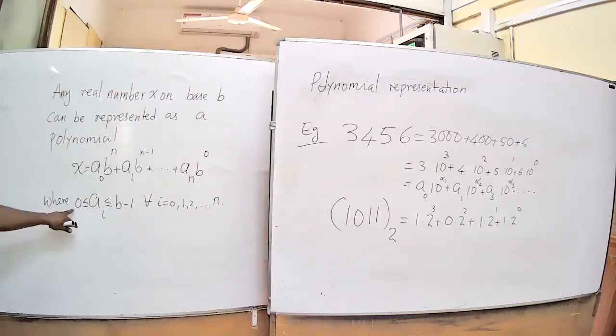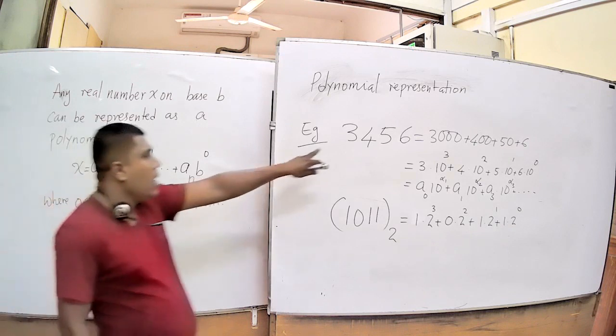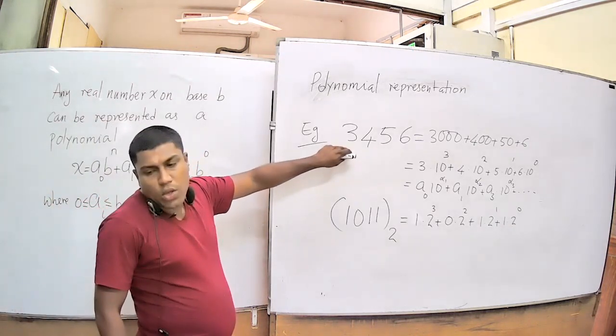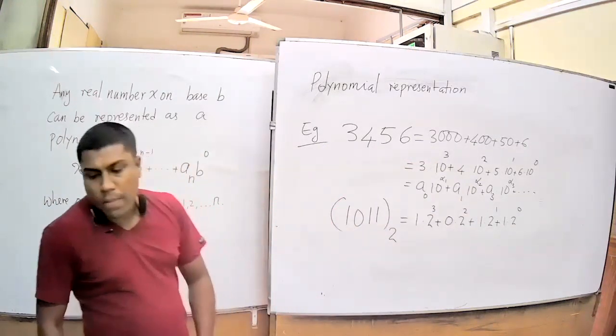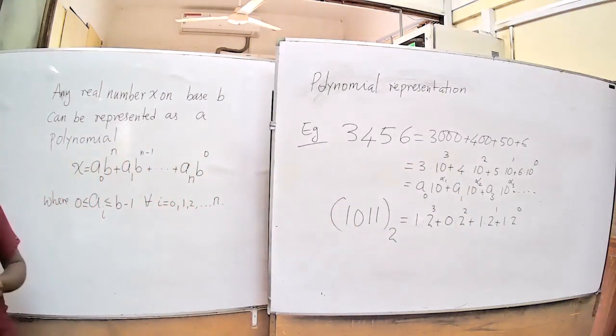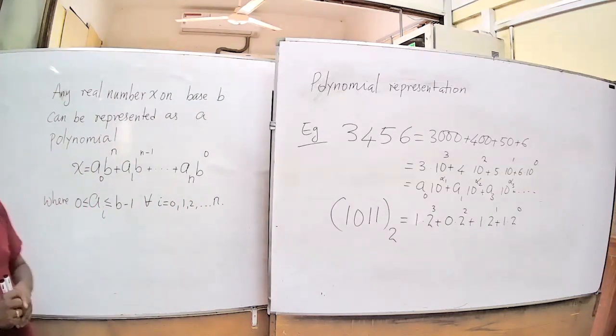One of them is that those coefficients are between 0 and the base. For example, if it is a base 10 number, you know that the digits 3, 4, 5, 6 can each be numbers between 0 and 9. That is how you represent a base 10 number.